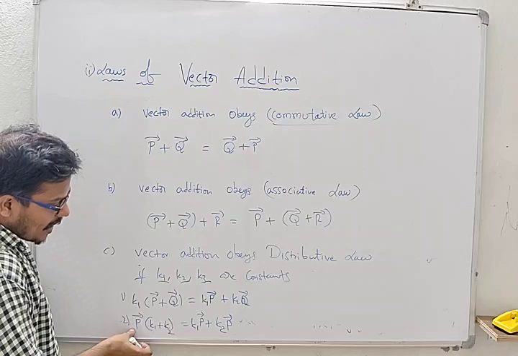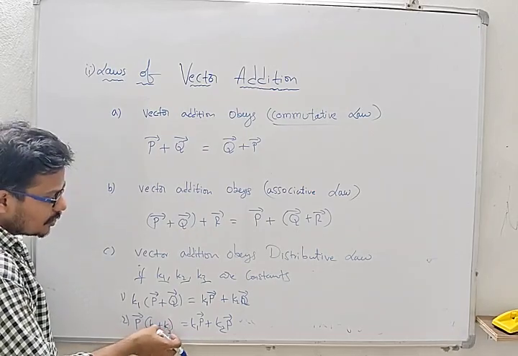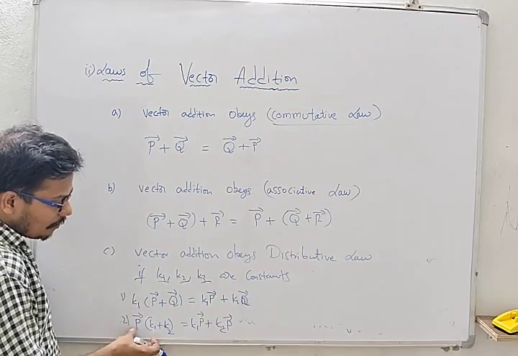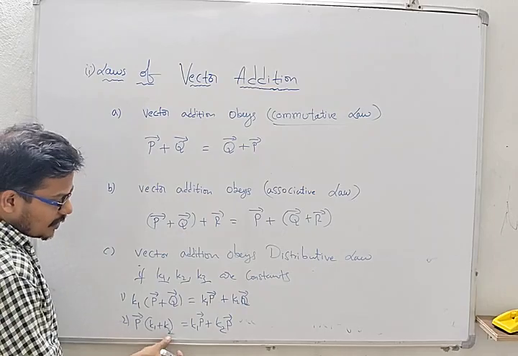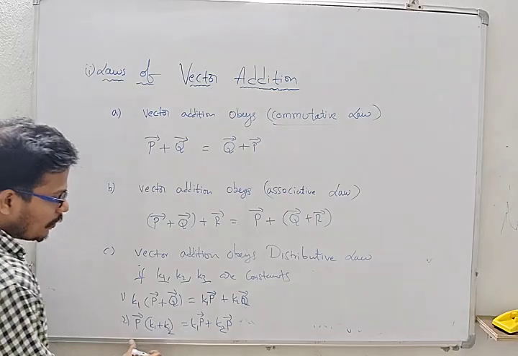Now P vector into K1 plus K2, two numbers: when we apply the distributive law, it is K1P plus K2P. This is the distributive law application.